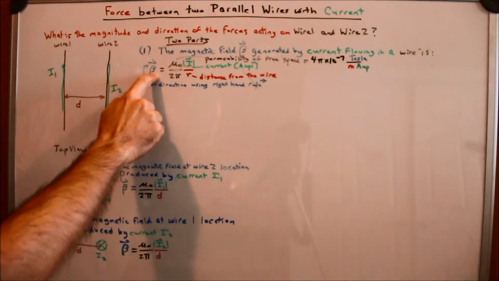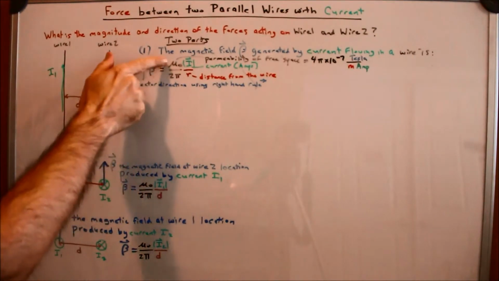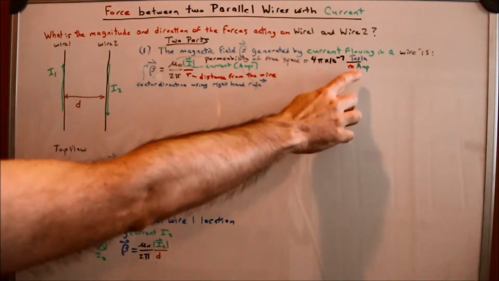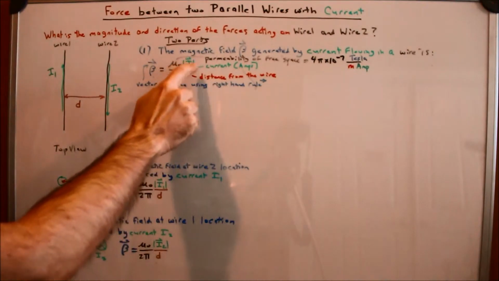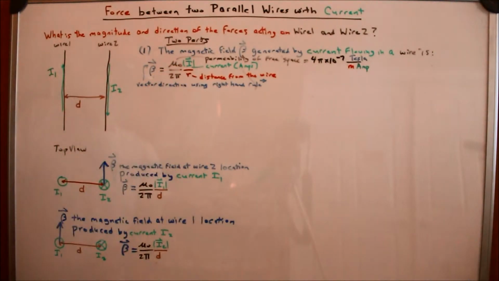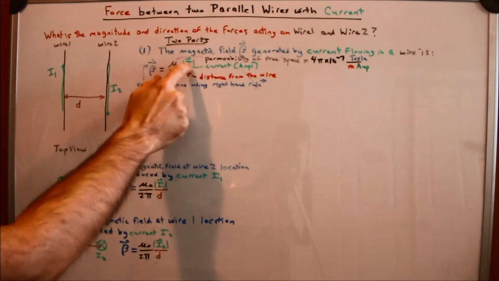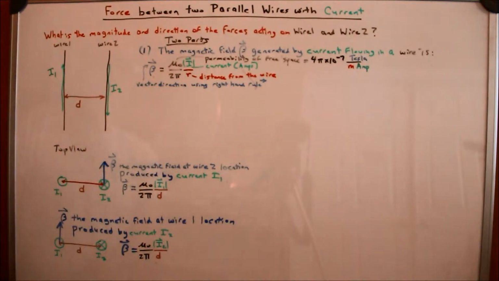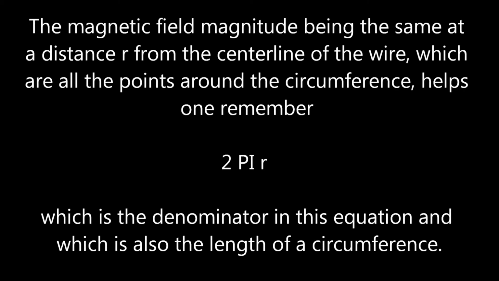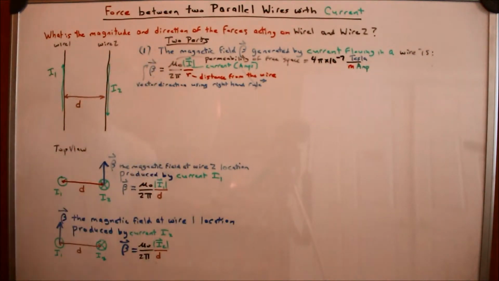The magnetic field vectorial magnitude and direction is the permeability of free space, which is 4 pi times 10 to the minus 7 Tesla meter per amp, times the current amplitude in amps, divided by 2 pi times the distance from the wire. And the vectorial direction of this magnetic field is given by the right-hand rule.